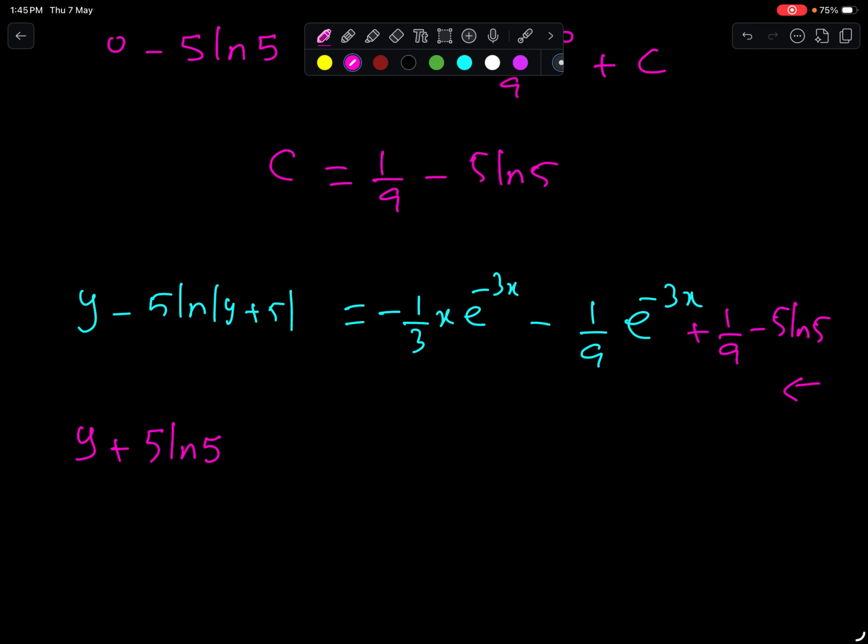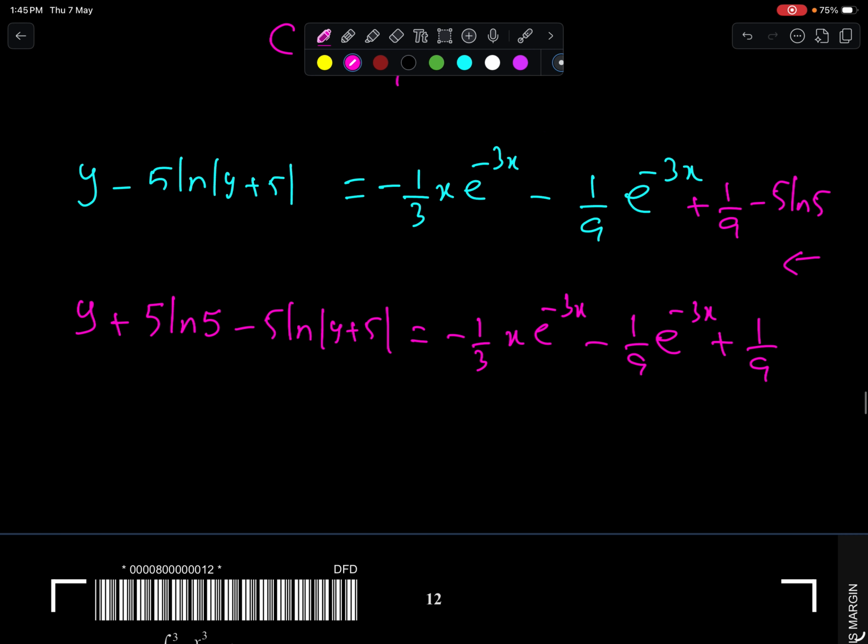So plus 5 ln 5, copy this minus 5 ln (y plus 5), minus 1 upon 3 x e^(-3x) copied, minus 1 upon 9 e^(-3x) copied, plus 1 upon 9 is also copied.